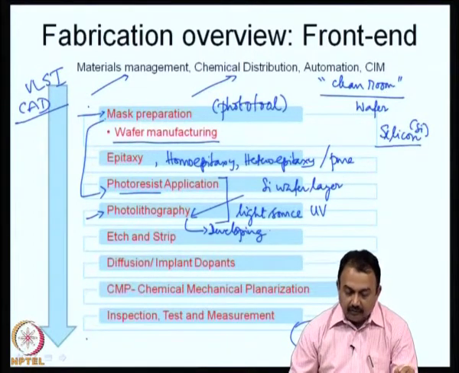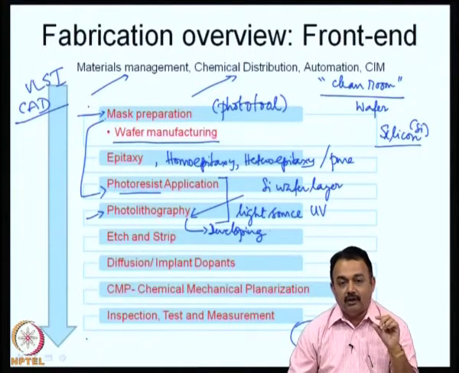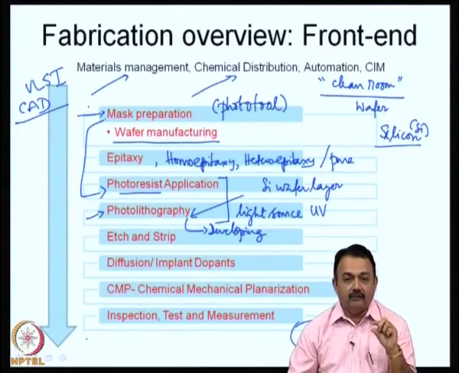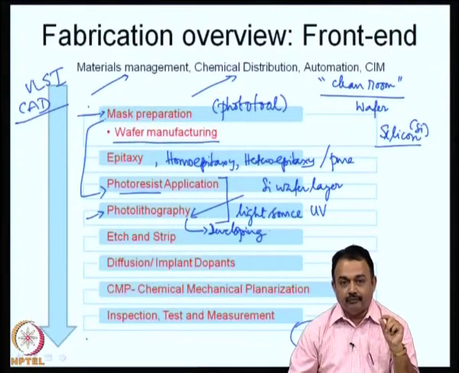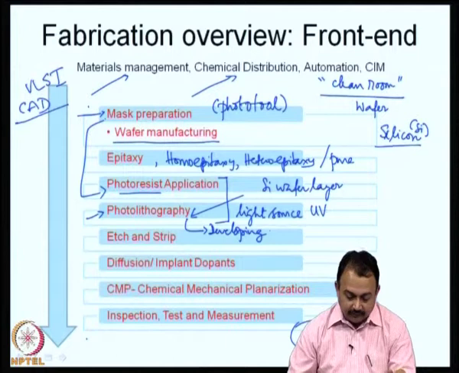Now, the success yield rates, as I said, depend on the light source that we are using, because as we go down the thicknesses of the photoresist and also as the line widths go smaller and smaller, there is a demand for high resolution, okay, from the light source that can give us the required line widths with less error, acceptable errors.